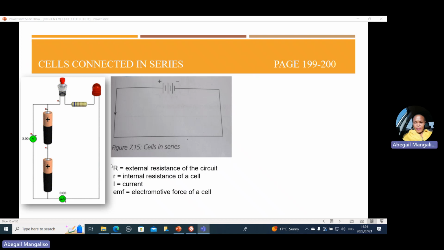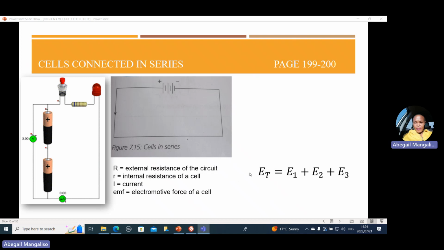So the symbol for the external will be capital letter R. But a battery also has internal resistance. And the symbol for that internal will be small letter r. It's the internal resistance of a cell. I is the current. EMF is the electromotive force of a cell.